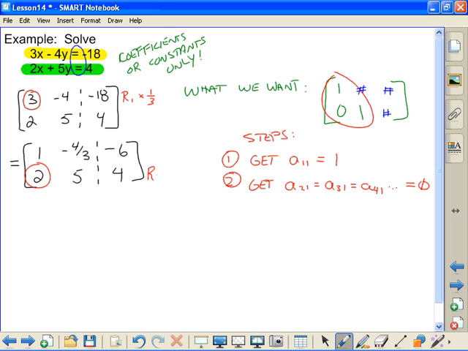I'm going to take the second row, row 2, and I'm going to subtract twice row 1, because if I take the 2 and I subtract 2 times 1, which is 2, I can make that a 0. So the first row will not change.